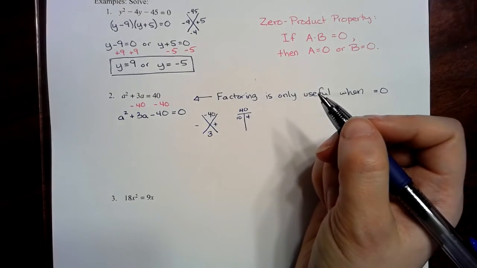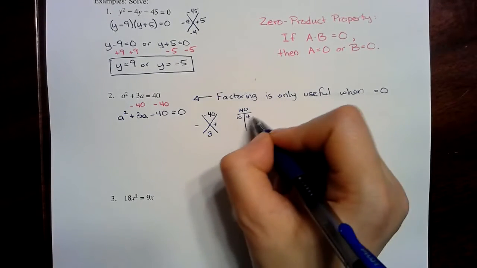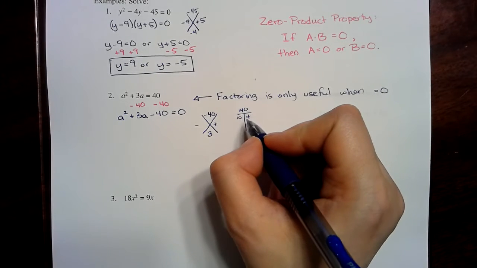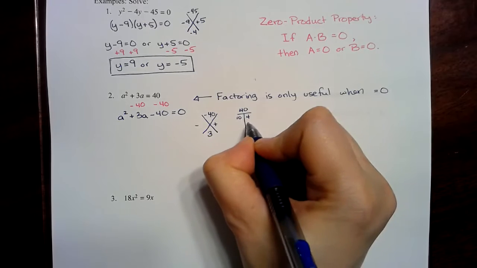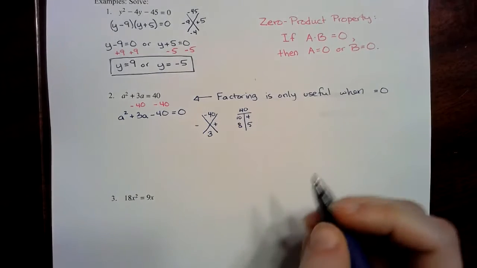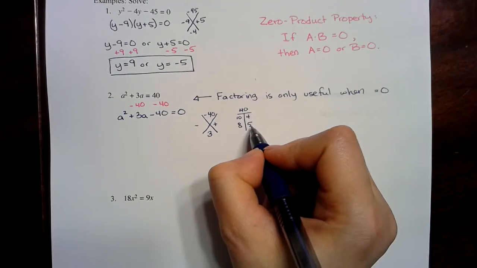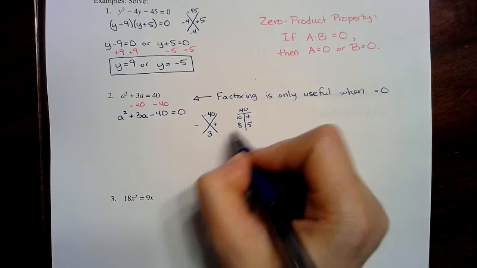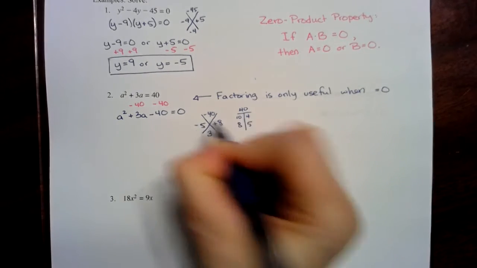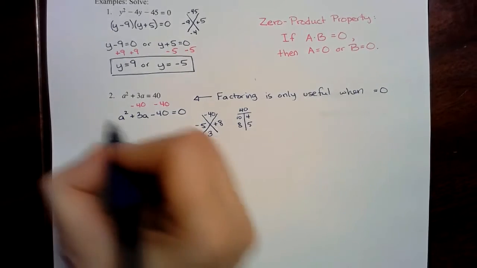Well, positive 10, negative 4 will get us to 6, which is close, but not quite there. Let's see if we divide by 5 instead of 4. That's going to get us to 8. 8 minus 5 is 3. Okay. So we want a positive 8 and a negative 5 to get us to 3.